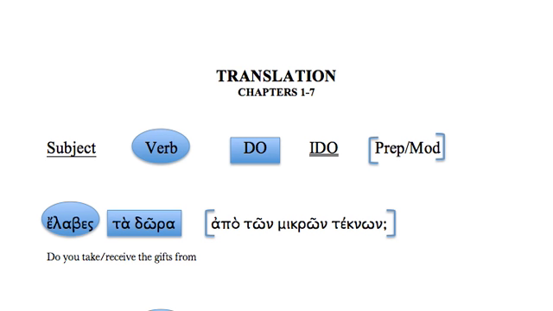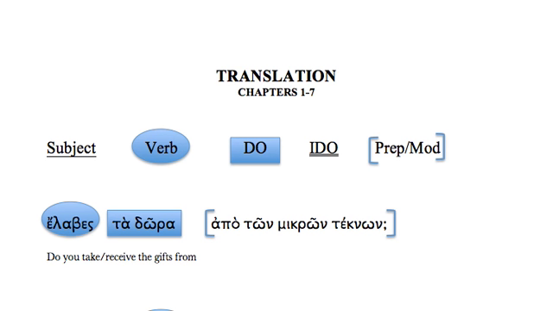predicate relationship, the children are little, the substantive, which won't be this one because we have both an adjective and a noun, and we also have the attributive adjective, which would be something along the lines of the little children.